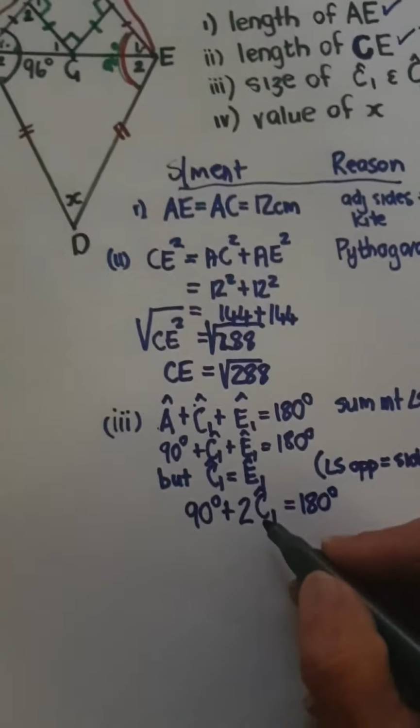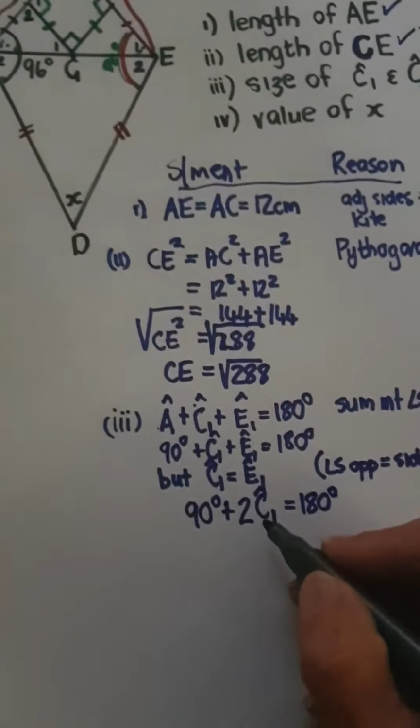I'm going to subtract 90 on both sides, minus 90 minus 90. That will give me 0. And 2 times angle C1 will be 90 degrees. And to get C1, I divide by 2 on both sides. And I'm going to get angle C1, that 2 cancels out, is equal to 45 degrees.